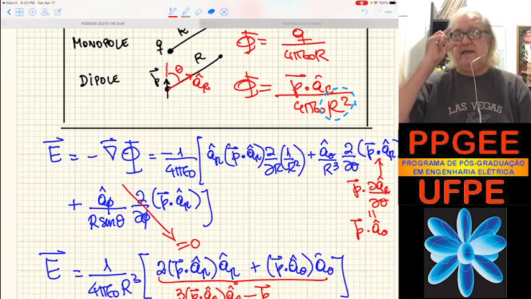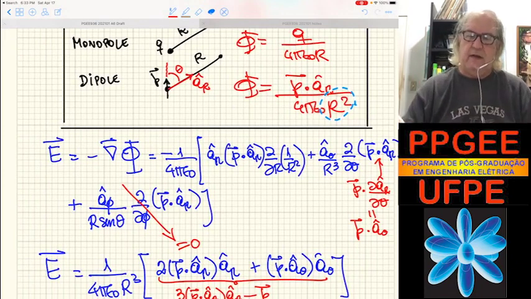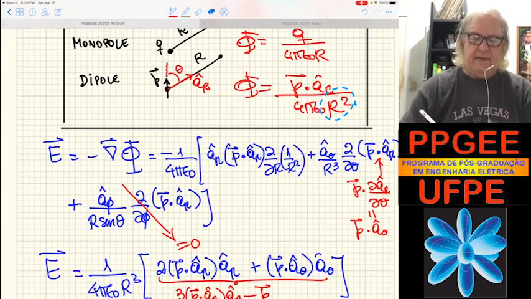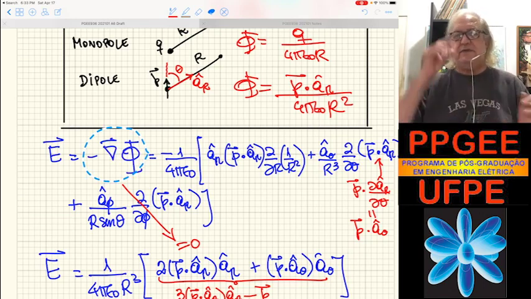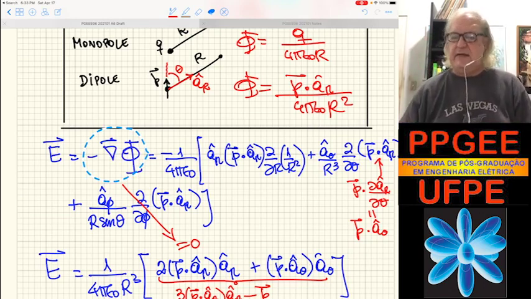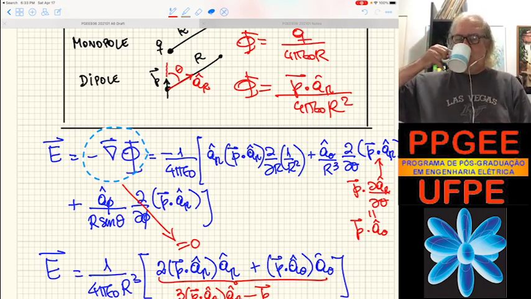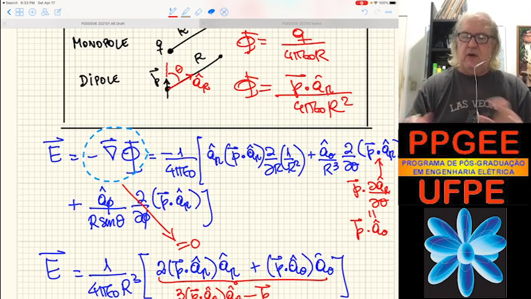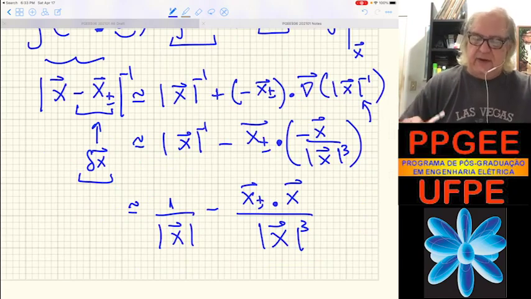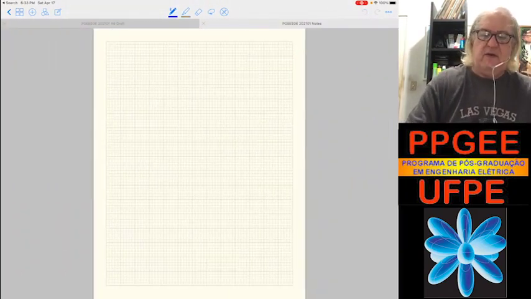Now we can calculate the E field by simply applying the connection with the potential, which is minus nabla, minus the gradient of the potential. Formally, we are going to apply nabla on that expression.